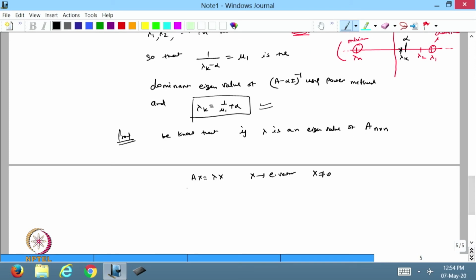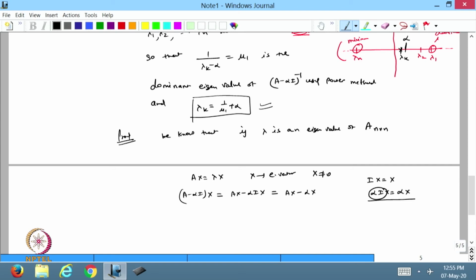Now, I also want to find A minus alpha I times x. This will be A x minus alpha I x, which is equal to A x minus alpha x, because I x is equal to x and alpha I x is equal to alpha x.